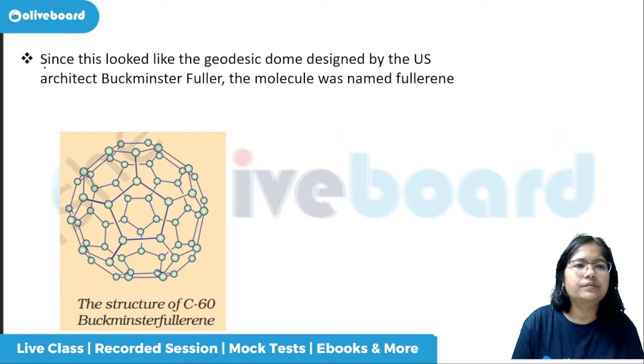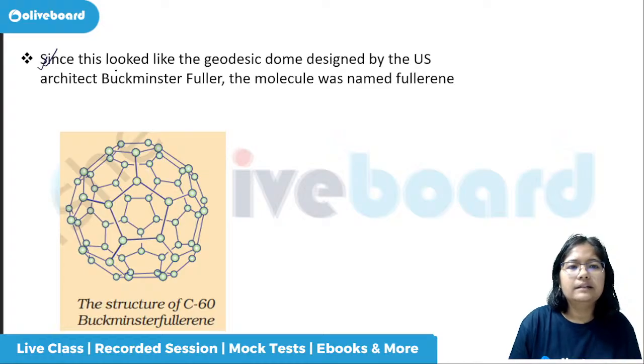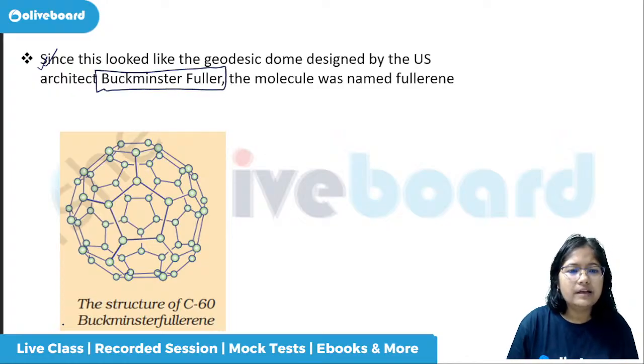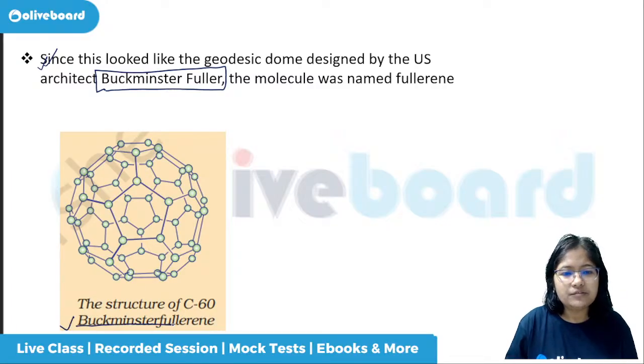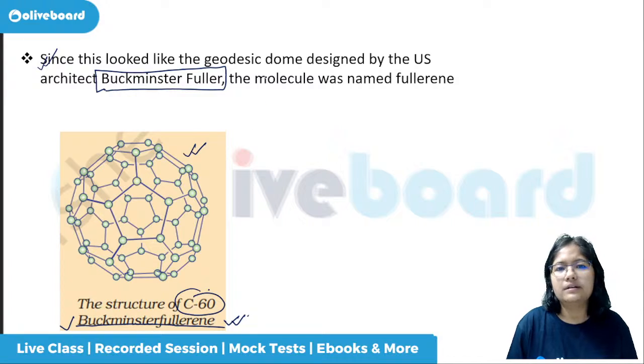Okay, here also, since this looked like this, we are talking about Buckminster Fuller, who was an architect, based on whose name the name Buckminsterfullerene came. Buckminsterfullerene is carbon C60, and it looks like this, geodesic, like a dome.